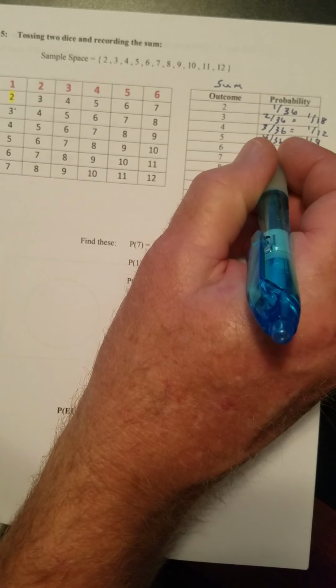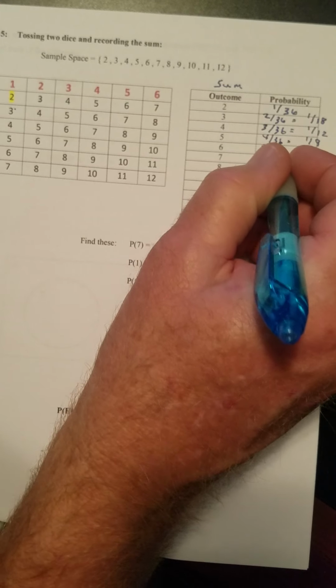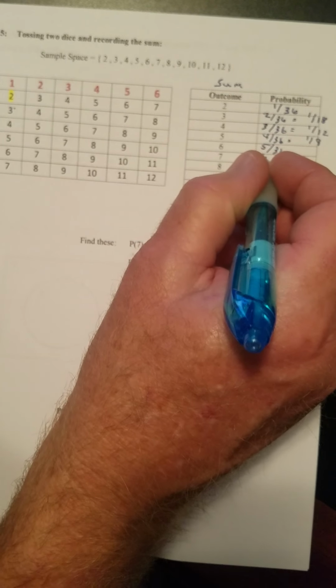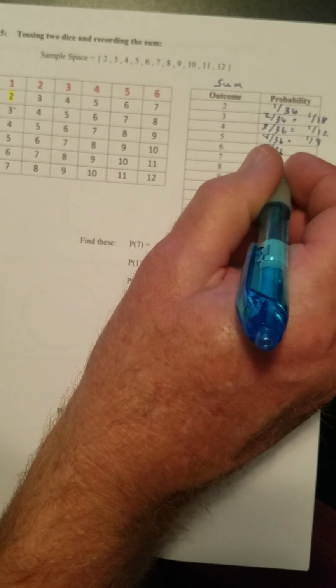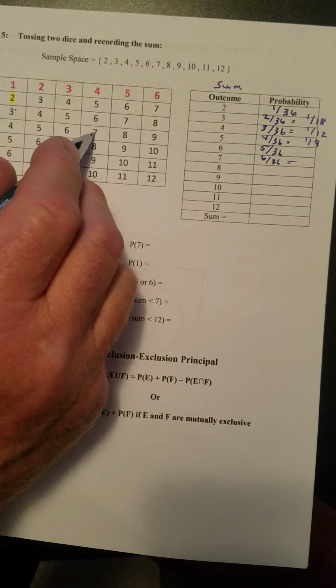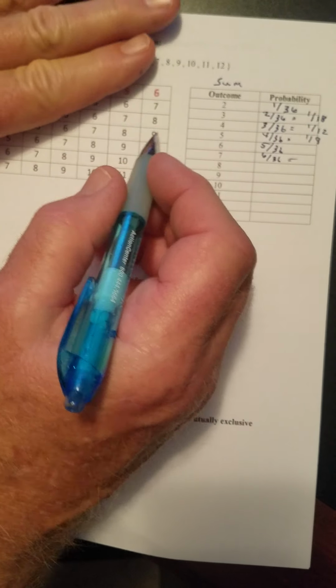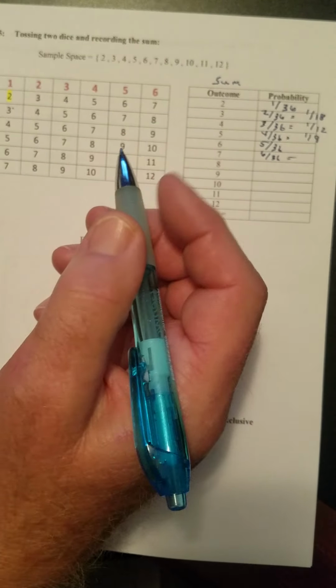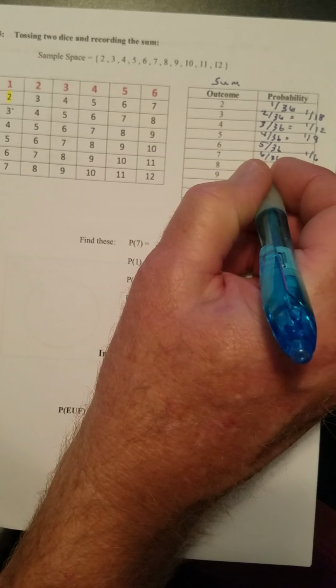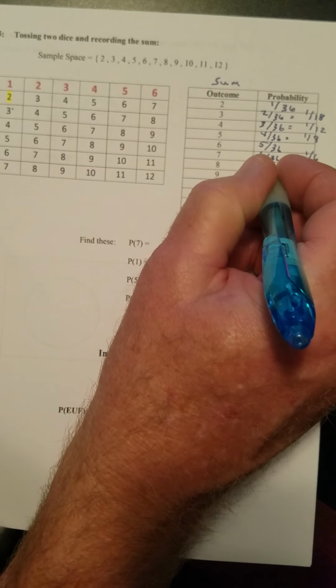To get a 6, that's 5 over 36. Can't do anything with that. To get a 7, there's 6 of them there. 6 out of the 36. All I'm doing is counting the 7s. 1, 2, 3, 4, 5, 6. Everything on that line right there. So that in lowest terms is 1/6. And then what you'll notice is we've kind of been going uphill.